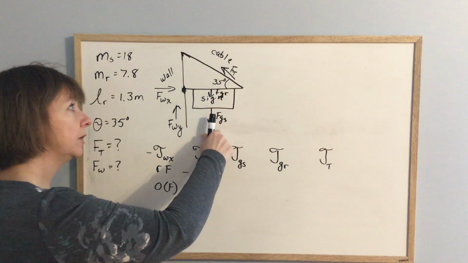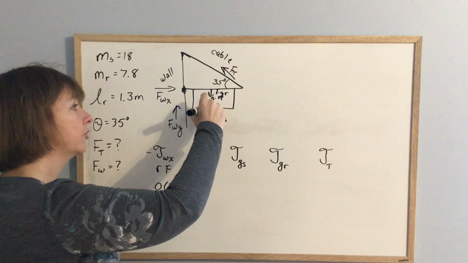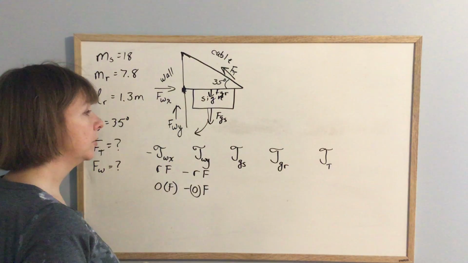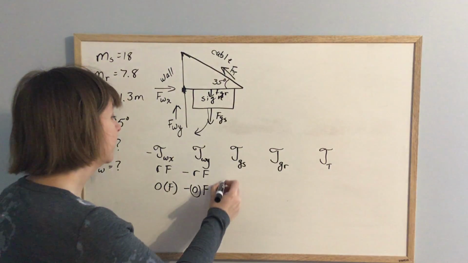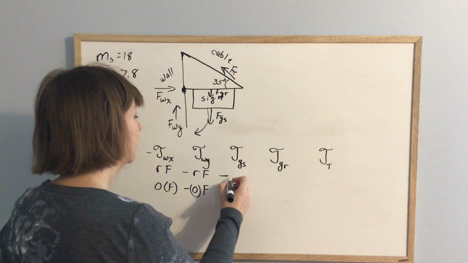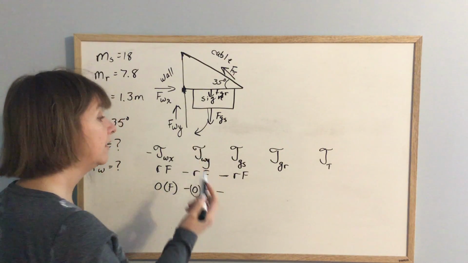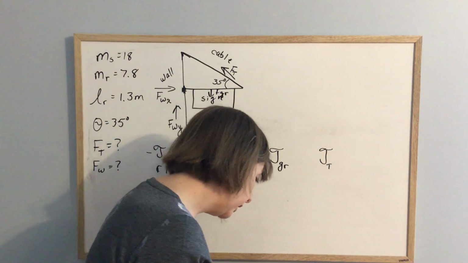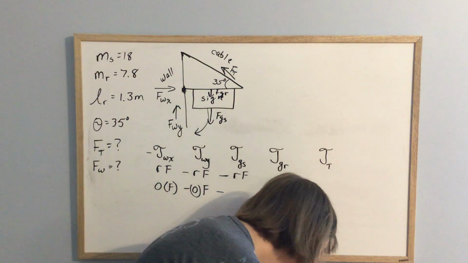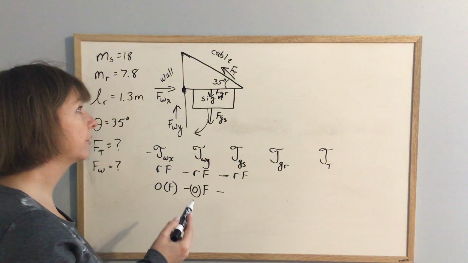Now we're going to talk about the torque because of gravity on the sign. Gravity on the sign is pulling down. If I was pulling this rod down, that would make it move in the clockwise direction, which is negative. So it's negative R times F. Now, my R is my distance from the hinge point to the force.